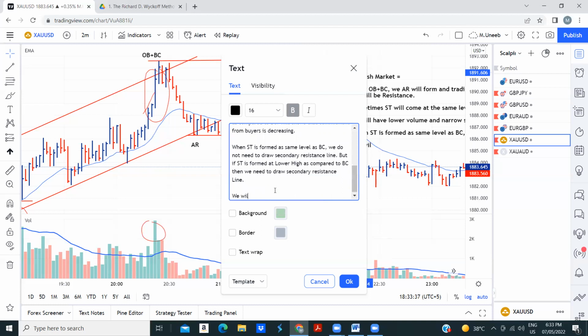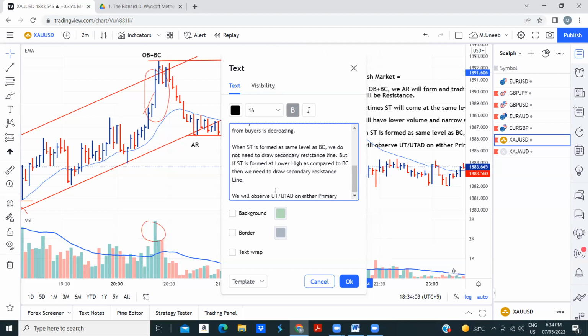We will observe UT upthrust and/or UTAD, whatever is formed, on either the primary resistance line or the secondary resistance line. What is the primary resistance line?